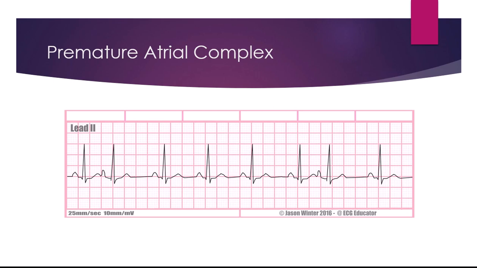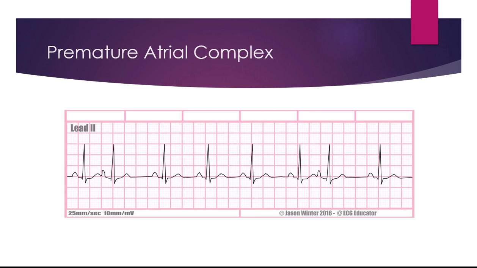So what you're going to see on a PAC, so here's our baseline, all right? And I'm just going to draw hash marks. So we have our normal beat, and there's our normal beat, and there's our normal beat, and then all of a sudden we have an extra beat, and when the rate is normal or slow is when you will primarily see that compensatory pause.